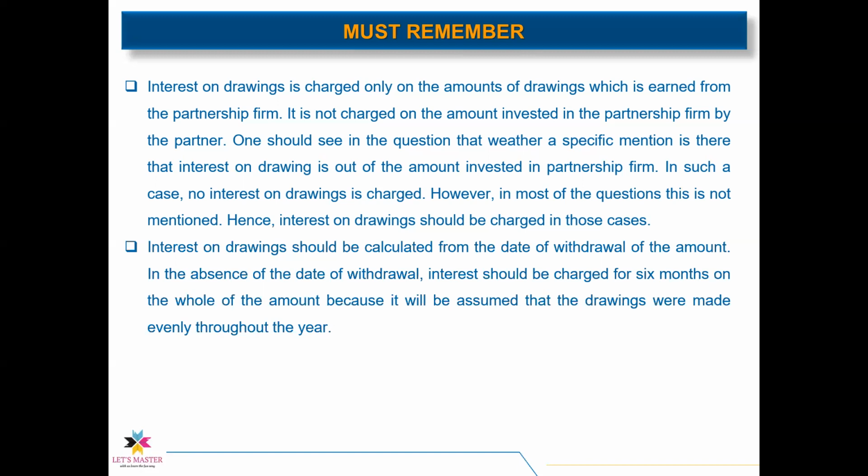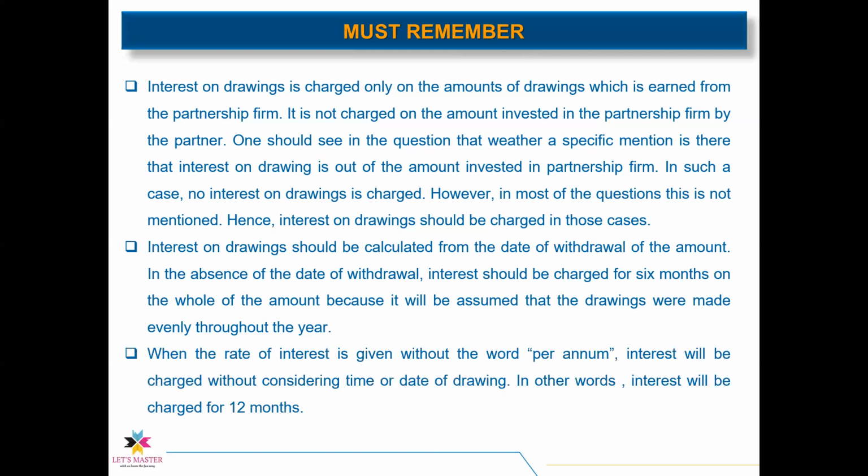So if only the amount is given that the partner has withdrawn 10,000 rupees during the year, and the interest rate is 12%, then you will charge interest for 6 months on that entire 10,000, assuming that equal amounts were withdrawn throughout the year. When the rate of interest is given without the words per annum, interest will be charged without considering the time or date of drawings. In other words, interest would be charged for 12 months.